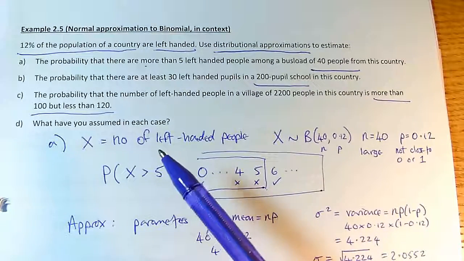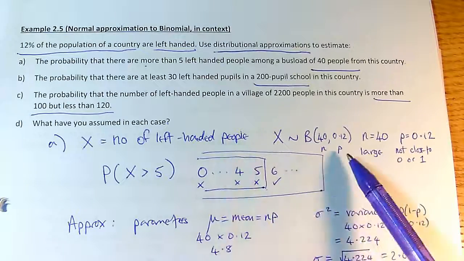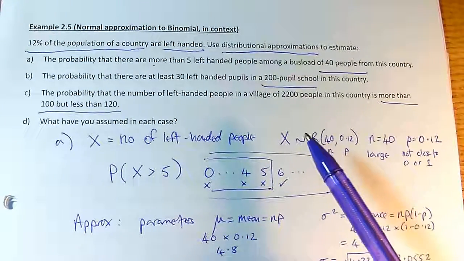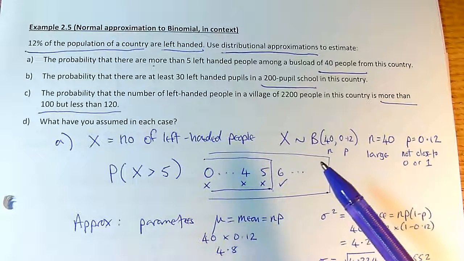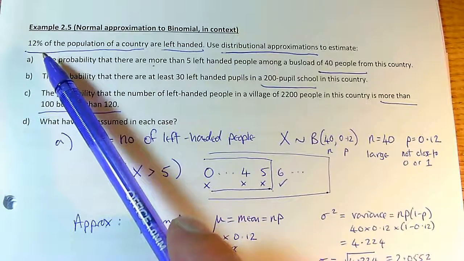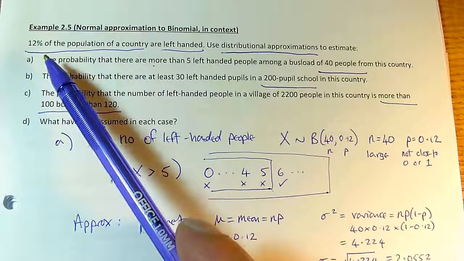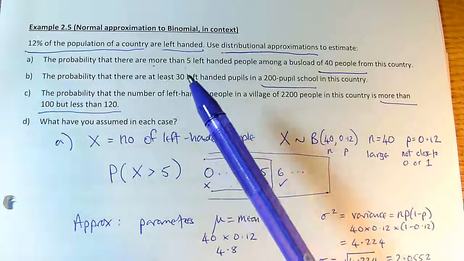So what it wants is a reason why the whole procedure is valid, and what I did is I set up a binomial distribution. Now, when do we get a binomial distribution? When we're counting the successes in n independent trials when the probability is fixed. I'm told this is 12%, so that's fixed, so p being fixed isn't an assumption, that's given. So what I have to assume is that the trials are independent.